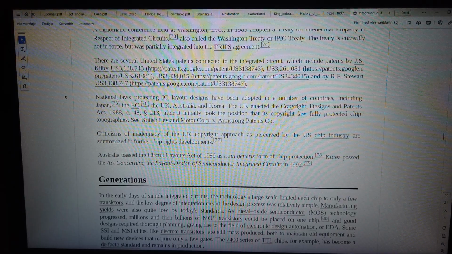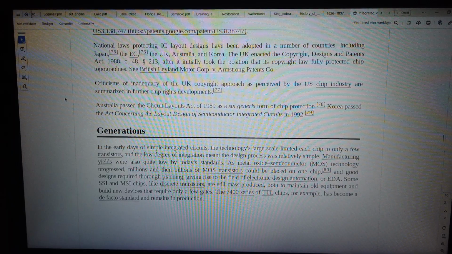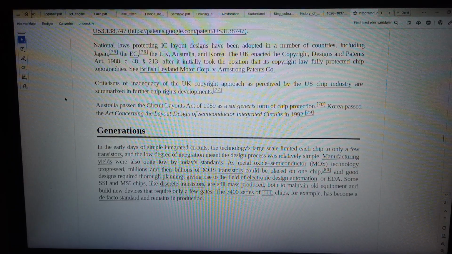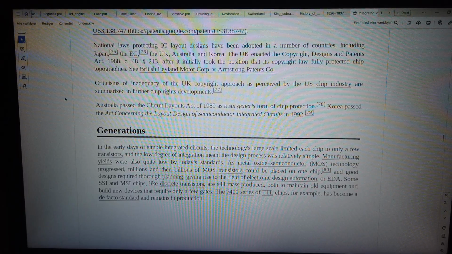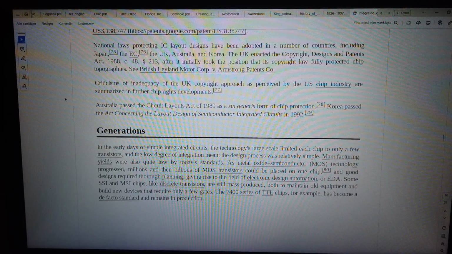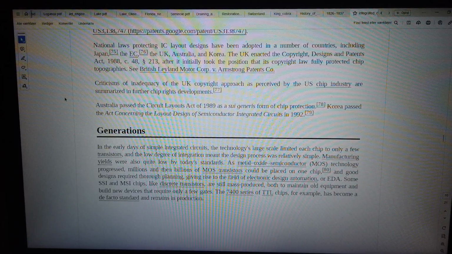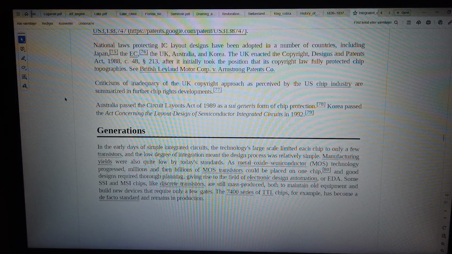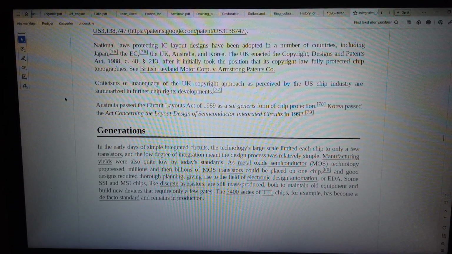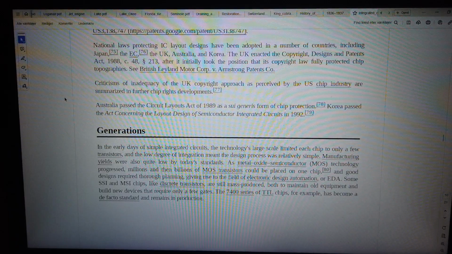Generations. In the early days of simple integrated circuits, the technology's large scale limited each chip to only a few transistors, and the low degree of integration meant the design process was relatively simple. Manufacturing yields were also quite low by today's standards. As metal oxide semiconductor, MOS, technology progressed, millions and then billions of MOS transistors could be placed on one chip, and good designs required thorough planning, giving rise to the field of electronic design automation, or EDA.